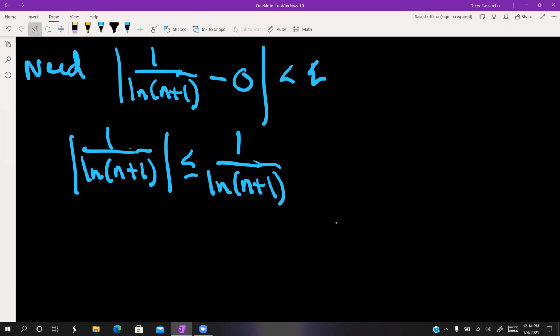Okay, so that's less than or equal to 1 over the natural log of n plus 1, and I need this to be less than epsilon.